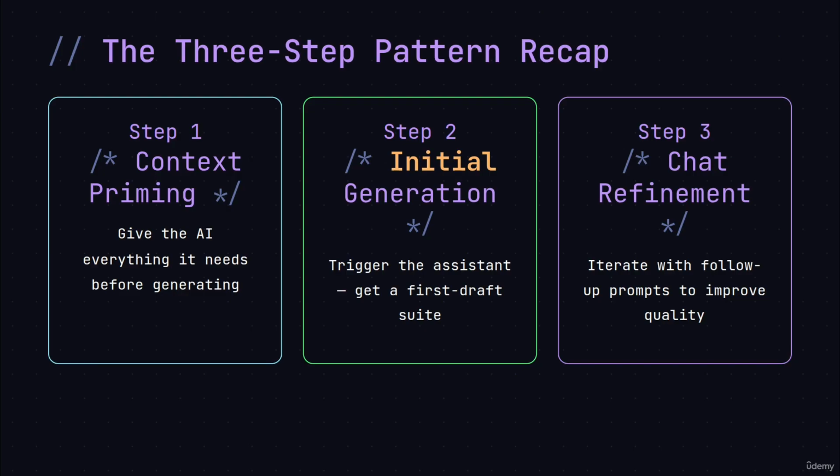You can do it inline, but you don't have to do it inline. You can also use the chat interface, for example, to create your initial generation. And then step 3, chat refinement. This is when you iterate with follow-up prompts to improve the quality of your first draft test suite to a level that you are ultimately satisfied with.